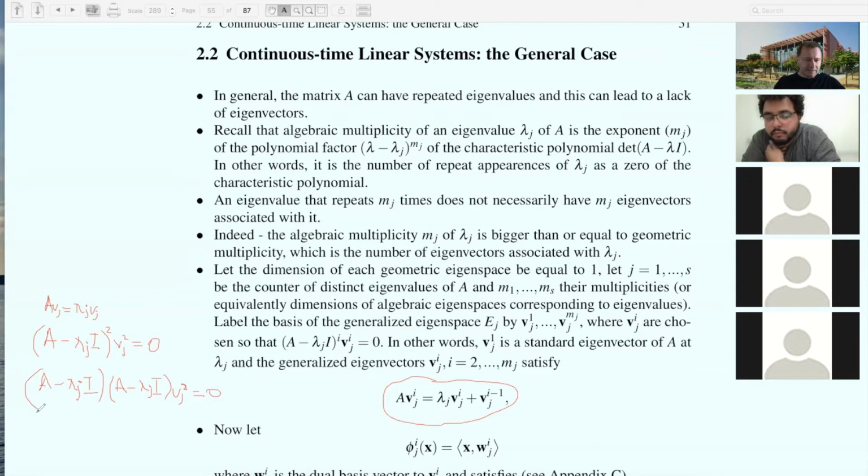But that means this guy here is acting on some vector to make it 0.